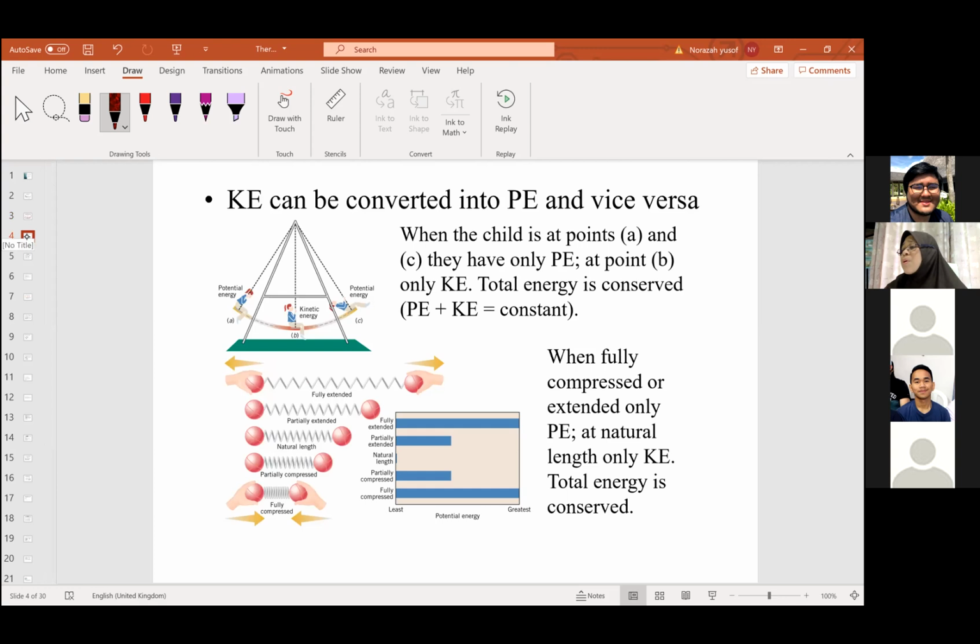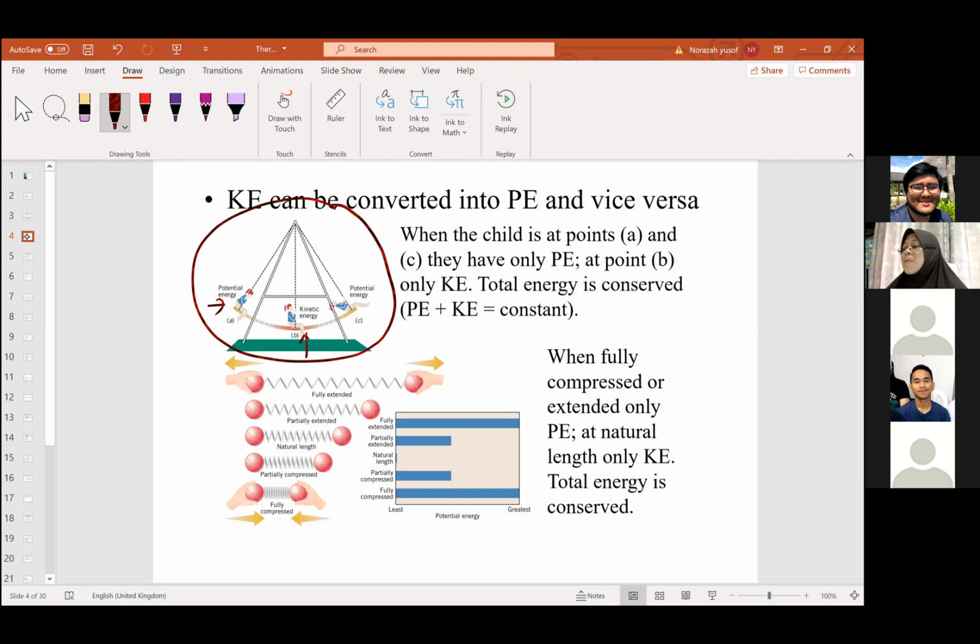This is also very familiar to you from secondary school: the conversion between potential and kinetic energy, at which point you have maximum potential energy, at which point all the potential energy is converted into kinetic energy, and so on. This is a very famous diagram.